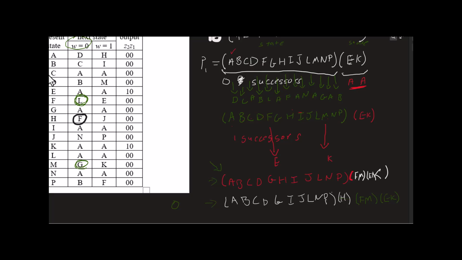And so I'm looking at A, B, C, D, G, I, J, L, M, N, P, and I'm seeing when W equals 1, do any of them go to H or FM? I already know they don't go to EK because I already pulled those out. H or FM. And I see that A goes to H and D goes to M and P goes to F.